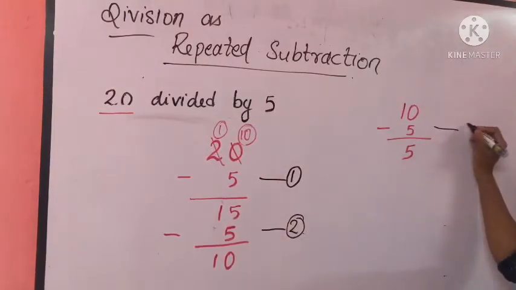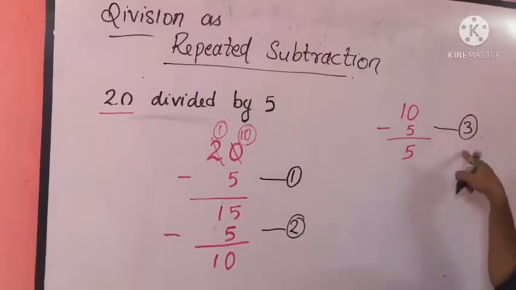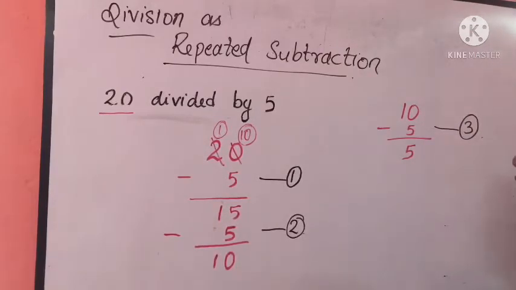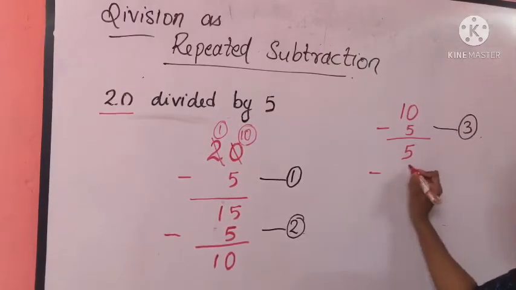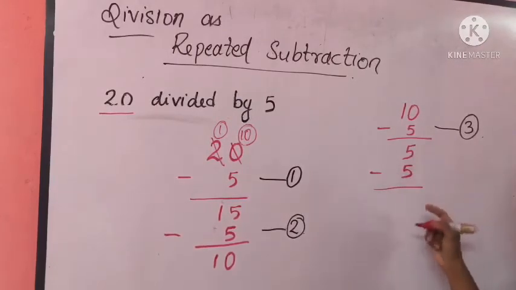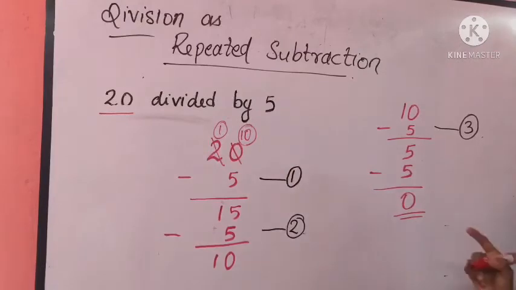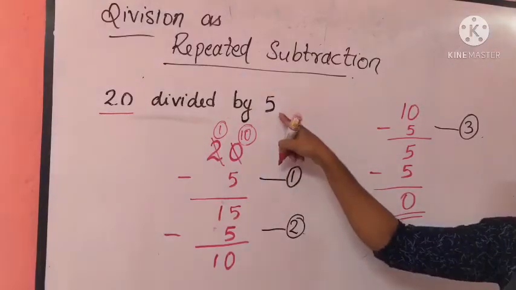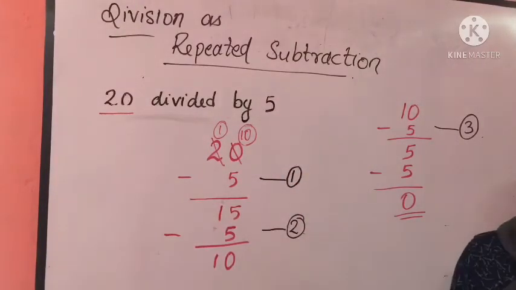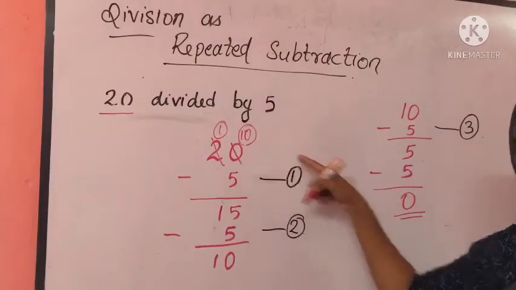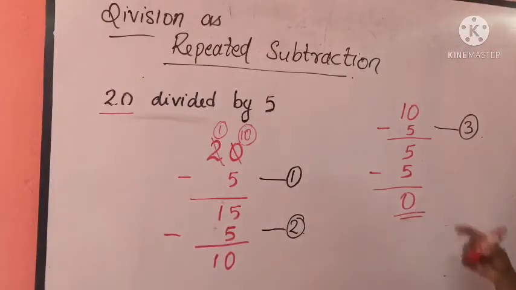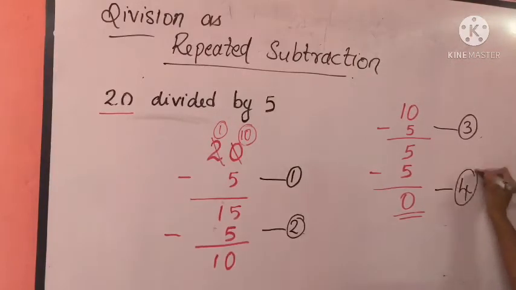And this is the third step. Now again 5 minus 5. 5 minus 5 is 0. And our 20 reaches 0. We have to subtract the number repeatedly until the given number reaches 0. So 5 minus 5 is 0 and this is the fourth step.